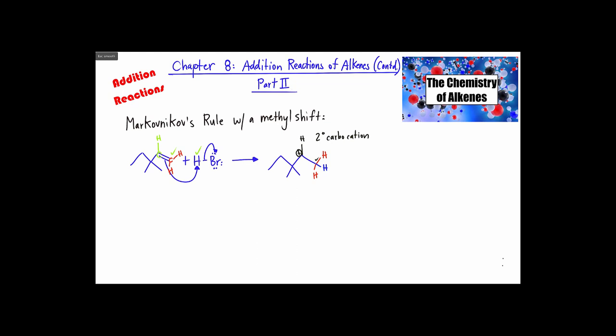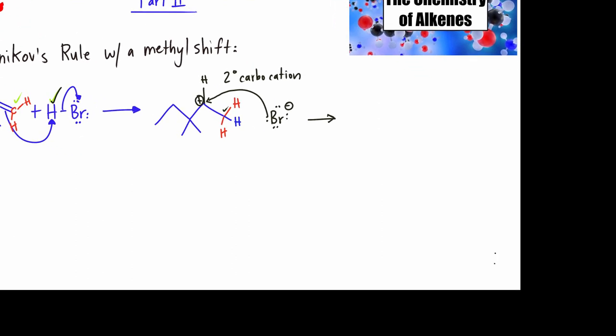Now, if my nucleophile, which now I have Br minus, I have that instantly when this electrophile leaves. If my nucleophile goes here, that would give me this structure. And I'm going to write it for simplicity. I'm not going to write out all those CH3s. What I would have is this, that hydrogen that was there, and a Br.